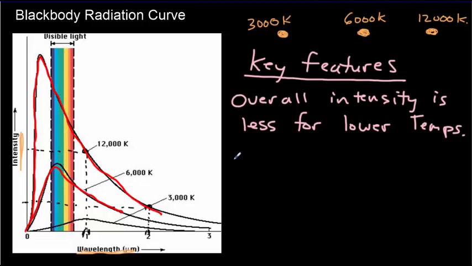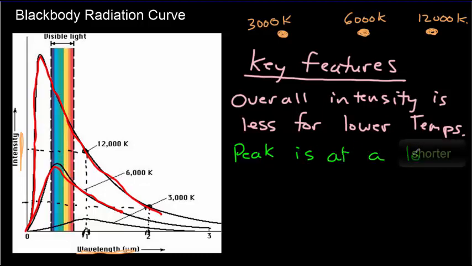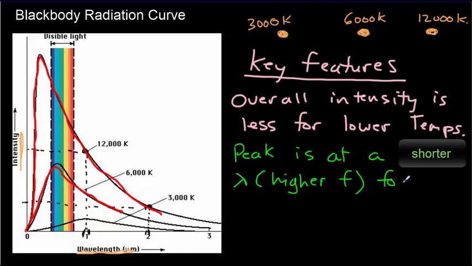The second thing I want you to notice is that the peak is at a lower wavelength, that is a higher frequency, for higher temperature objects. In other words, this peak here is at a shorter wavelength than this peak here.